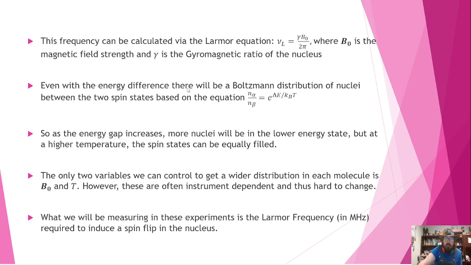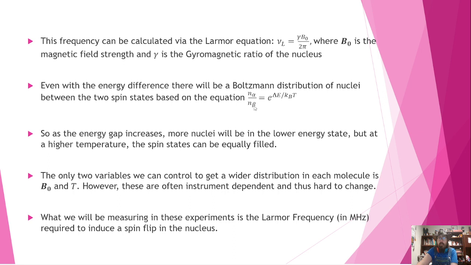This energy difference will then relate in a Boltzmann distribution model of nuclei, so that even though we have lower energy and higher energy, that doesn't mean all atoms are in the low energy spin state.